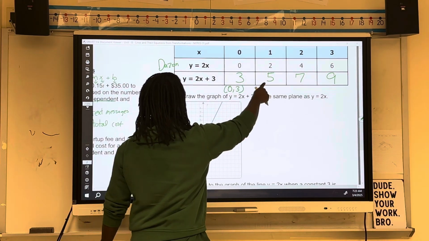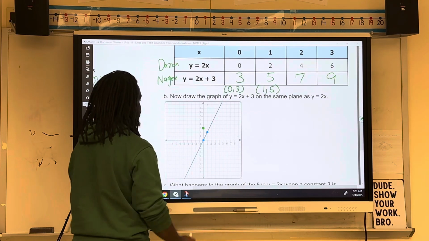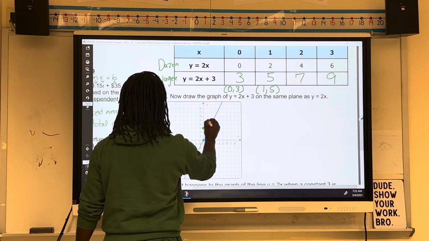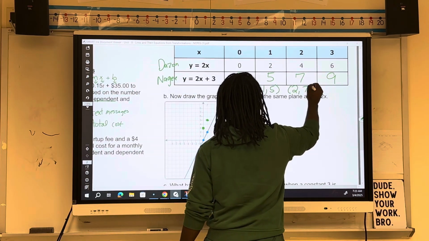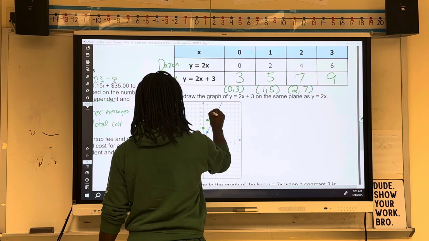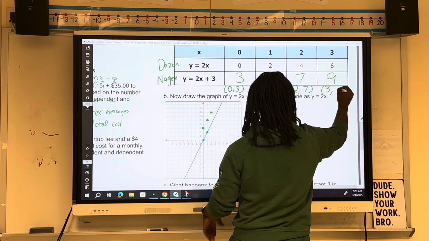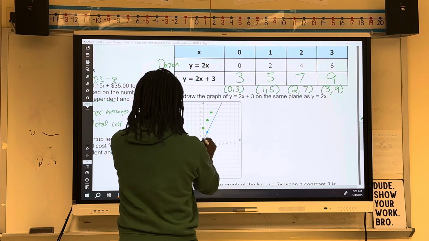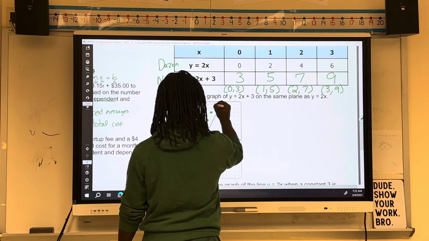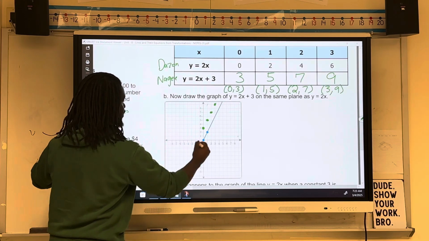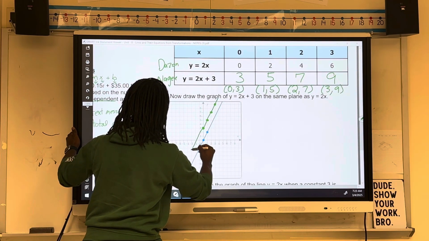On day 1, Najee's point is (1, 5). On day 2, Najee's is (2, 7). On day 3, Najee is (3, 9). Okay. So then I can just connect all of my points.